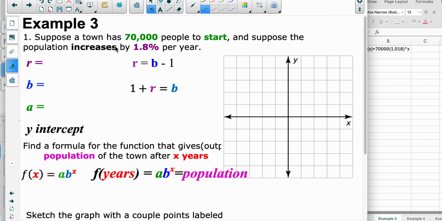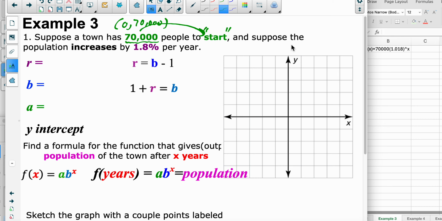We're told that we have a town that has 70,000 people to start. When you see "to start" or "to begin with," it's a key word to let you know that this could possibly be your initial amount. So when we start, we're at time 0 and we have 70,000 people.